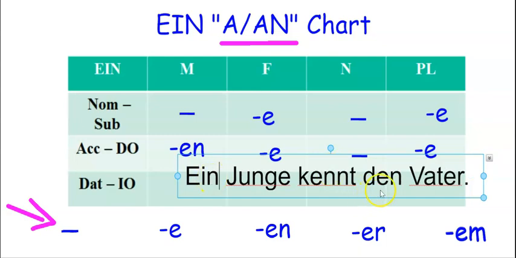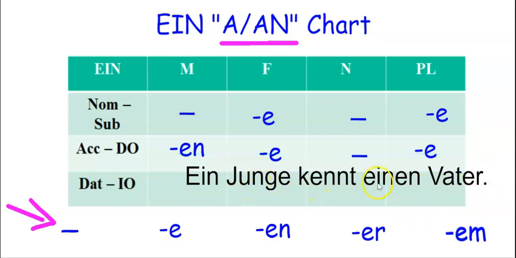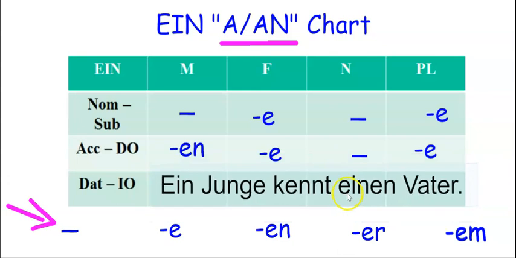Ein Junge kennt ein. And we have to use the EN ending because this masculine noun is now the direct object of the sentence. So ein Junge kennt einen Vater. A boy knows a father. And that would be an example utilizing both a subject and a direct object. So nominative case and accusative case.